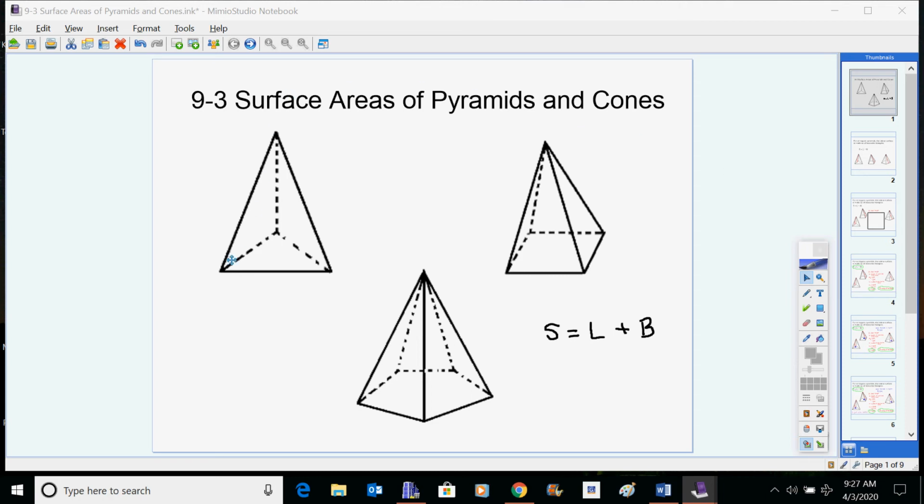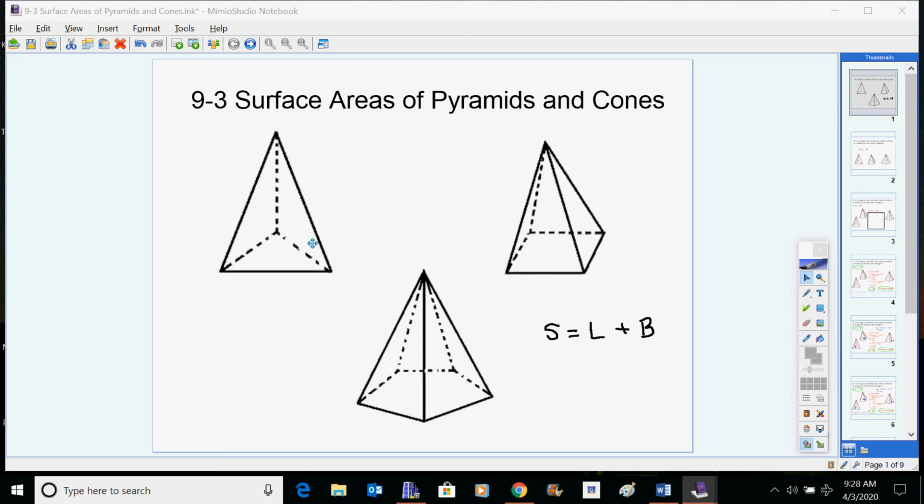But right now you can get the idea in your head of what these are. We had talked about pyramids in the past, but a pyramid has a base of a certain shape, and then it comes up to one point that's not on that base, and all of the lines come up there.